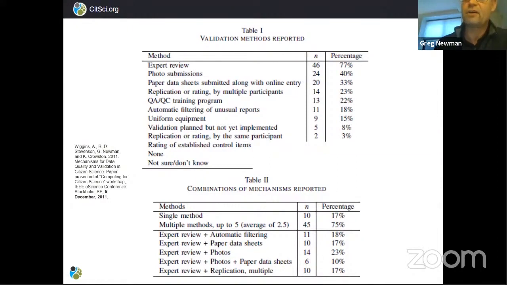This may change now if we were to redo this research. But in general, we're seeing a lot of expert review, of course, lots of photo submissions and photo validation. Back in the day, paper data sheets were in fact used, as were replication and QA/QC training. And then it kind of waned from there.